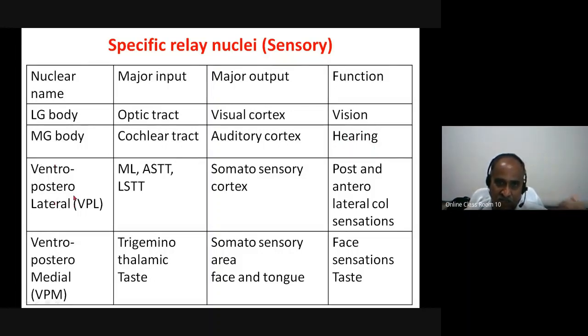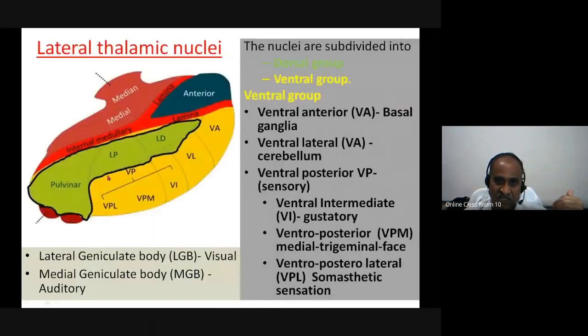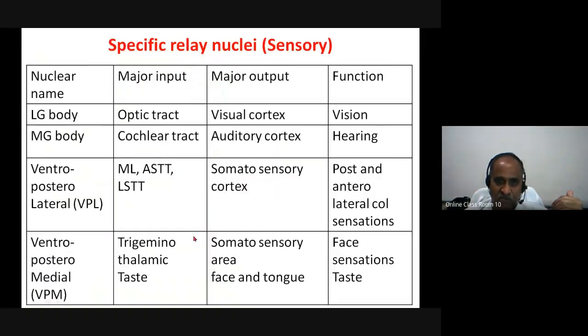If you are looking at the ventroposterolateral nucleus, it receives inputs from the medial lemniscus, then the anterior spinothalamic tract and the lateral spinothalamic tract.